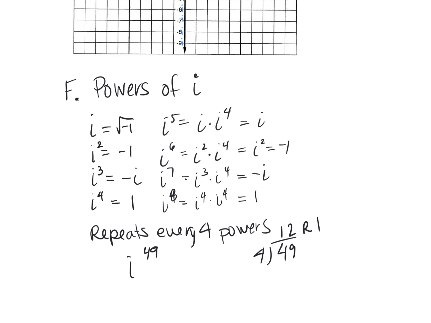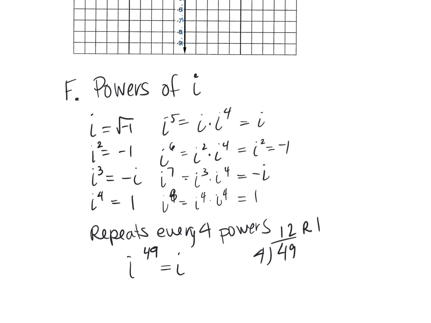That means it goes through this cycle 12 times and ends up at i to the 1st with 1 remainder. So i to the 49th equals i. 12 times 4 is 48.